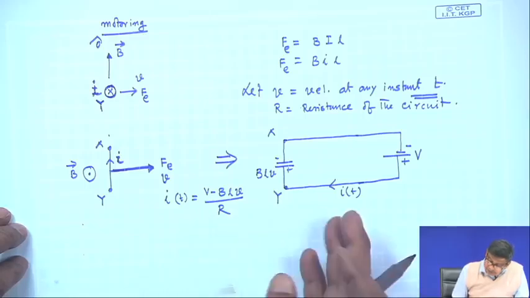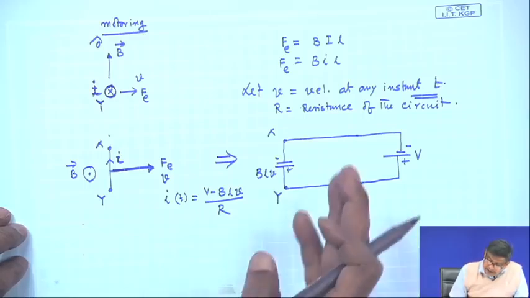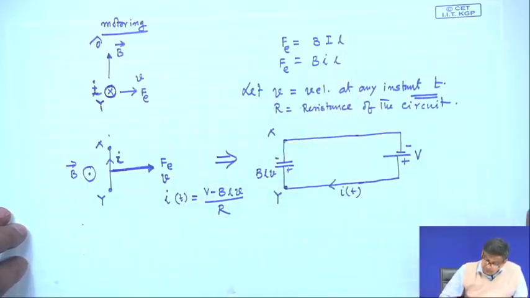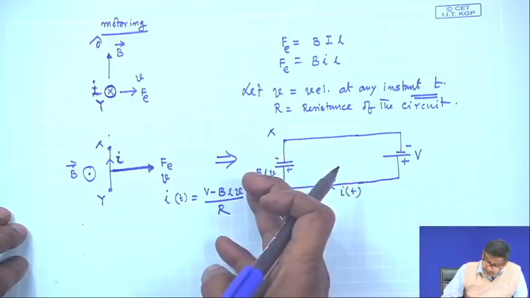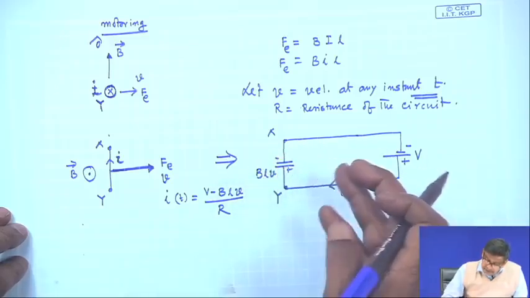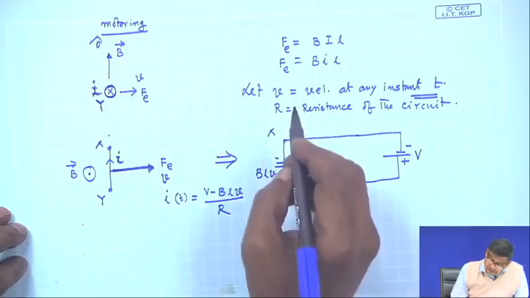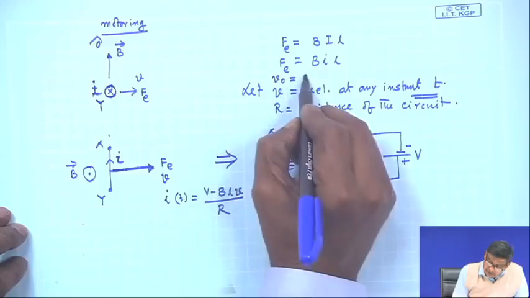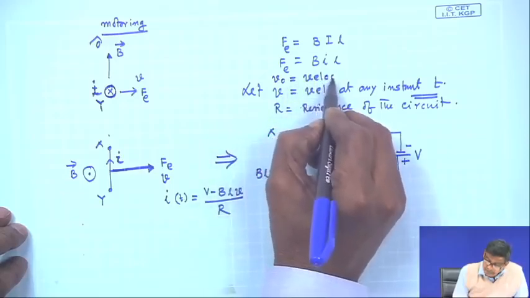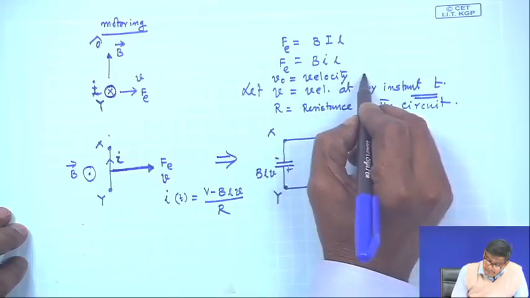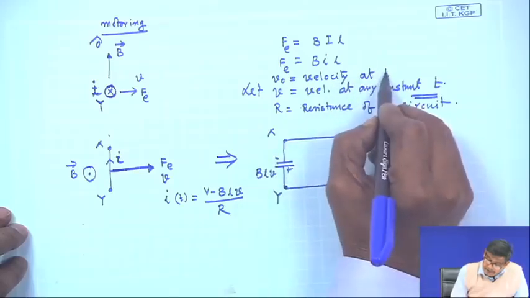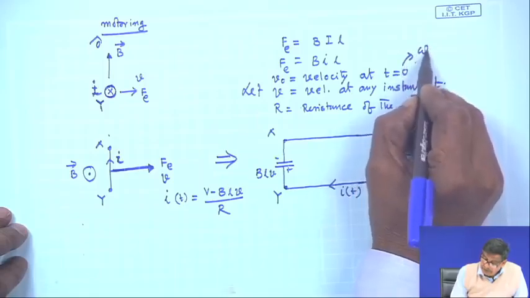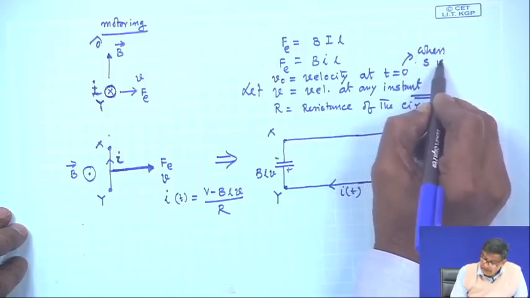Why I told I(t) will become time varying? At t equal to 0 minus, the switch was open, it was simply generating a voltage BLv. And let v0 be the velocity at t equal to 0. What is t equal to 0? When S is closed.